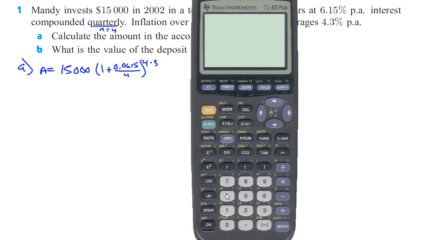So let's do 15,000 times 1 plus 0.0615 divided by 4, all to the 4 times 3, which is 12th power. This gives $18,013.95.